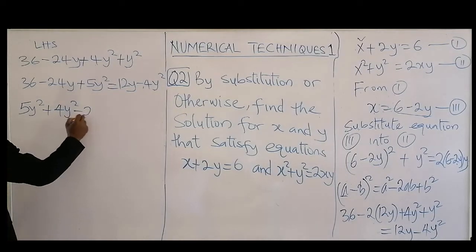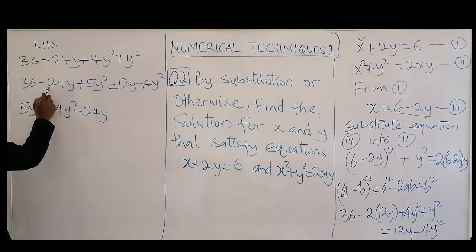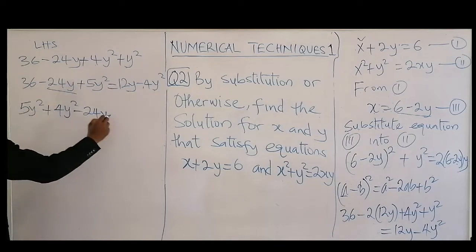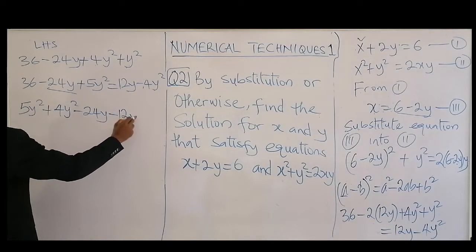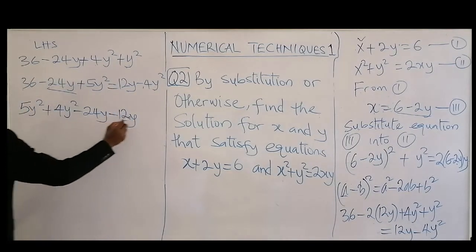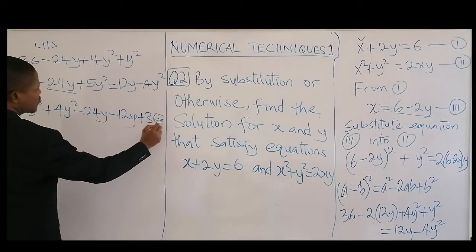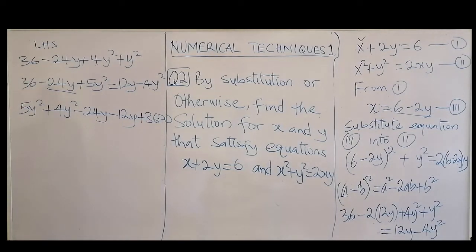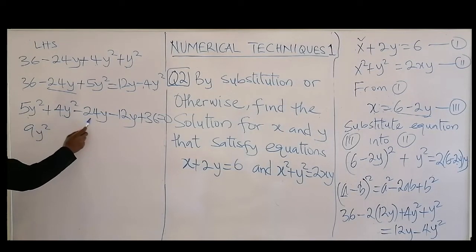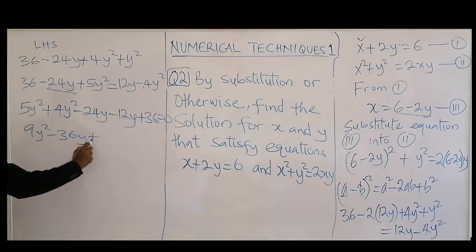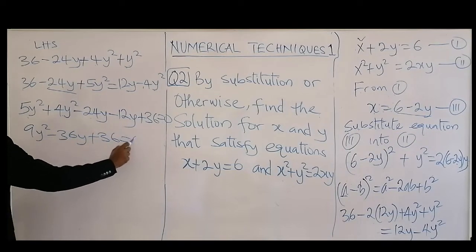Then followed by minus 24y, that is here, then move this one to the other side, minus 12y, then plus 36 equal to 0. So we have 9y squared, minus 24 minus 12, that's minus 36y, plus 36 equal to what?